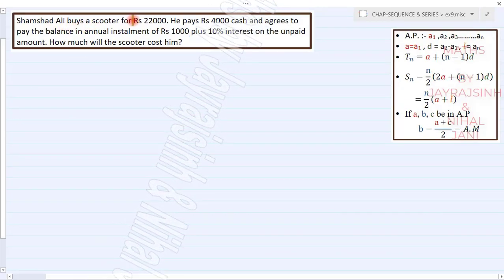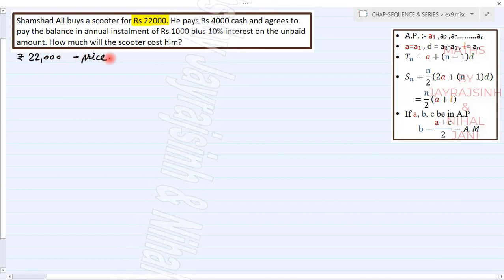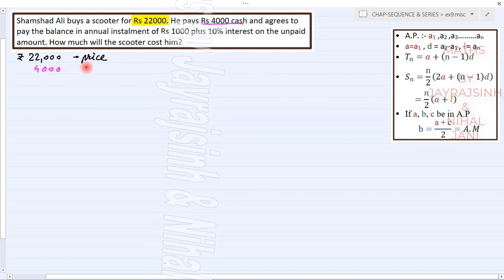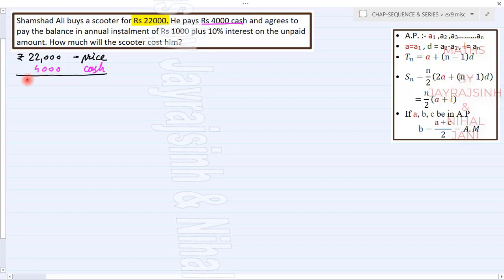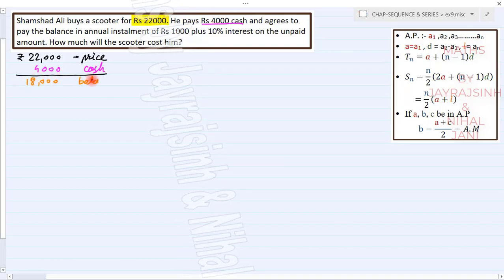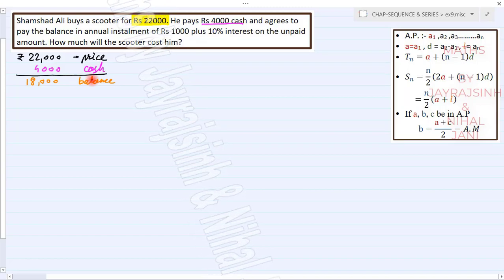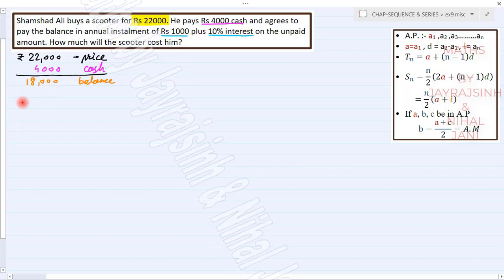Samshed Ali buys a scooter of rupees 22,000 and he pays 4,000 rupees in cash for that scooter. So we can say the remaining amount is 18,000. Now this balance is paid in annual installments of 1,000 rupees plus 10% interest.